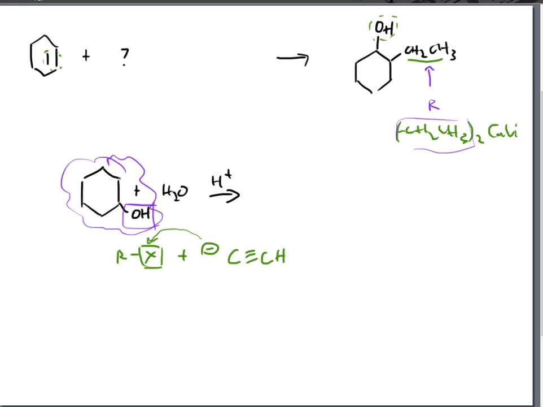Well, if you're clever, you might say, I know how to do this. Back in the day in Orgo 1, we talked about adding things like Br2 with water as a solvent on a double bond. And we said the double bond breaks, two sites of attachment open up, bromine goes on one, and water goes on the other.